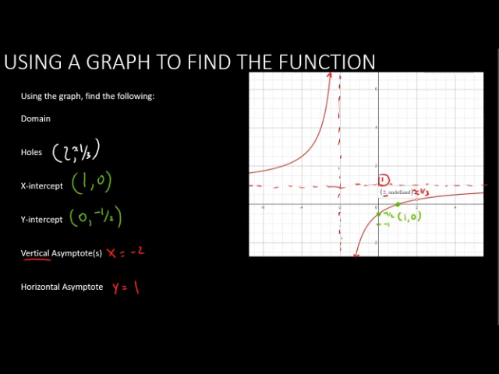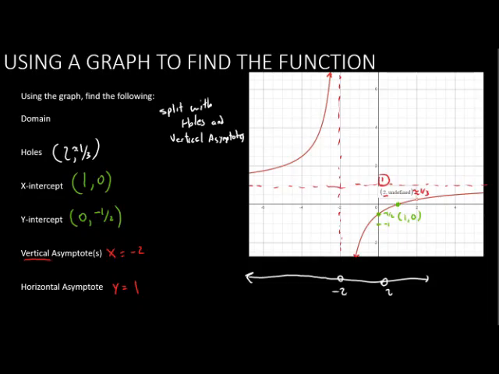Now we'll write the domain. The domain is the number line that is split by the holes and vertical asymptotes. We'll draw our number line, and we'll put open circles at both the vertical asymptote and the hole. Our hole was at an x-coordinate of 2, and our asymptote was at an x-coordinate of -2.